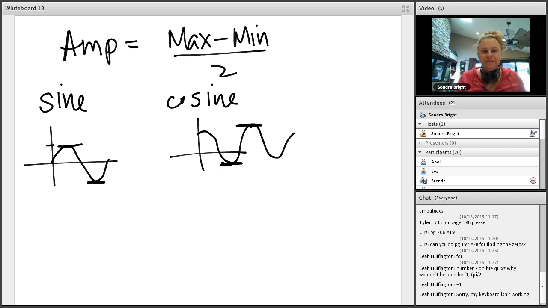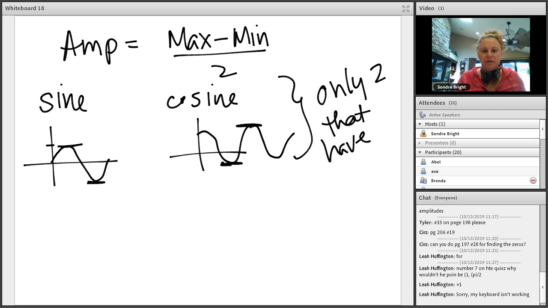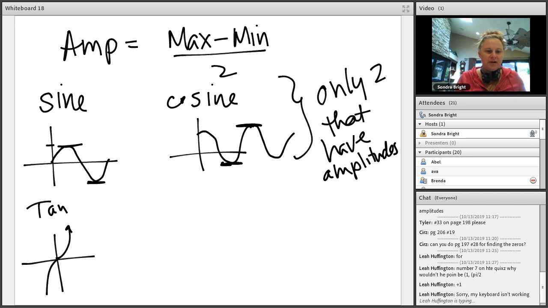The rest of them, so these are the only two that have amplitudes. Because all of the rest of the graphs, tangent looks like this, going on forever and ever, right? And cotangent does the same thing, where if I'm graphing just the normal period, it looks like that.